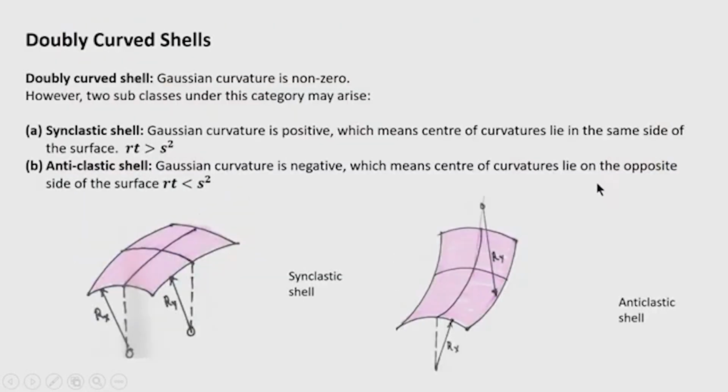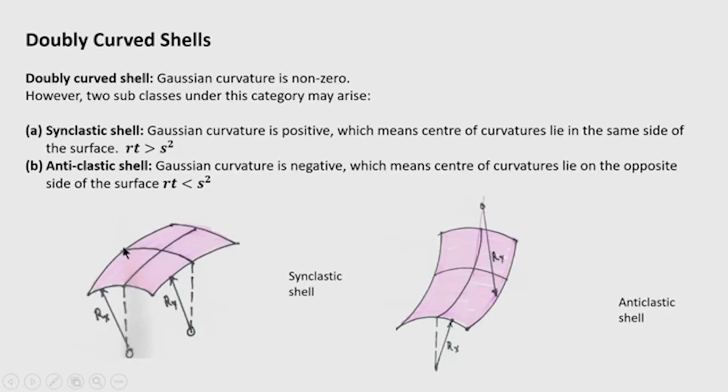Okay. So, in one case, first let us consider R into T greater than S square. In that case we will find that the Gaussian curvature is positive, which means that the center of curvature lies on the same side of the surface. Say this is the shell surface.